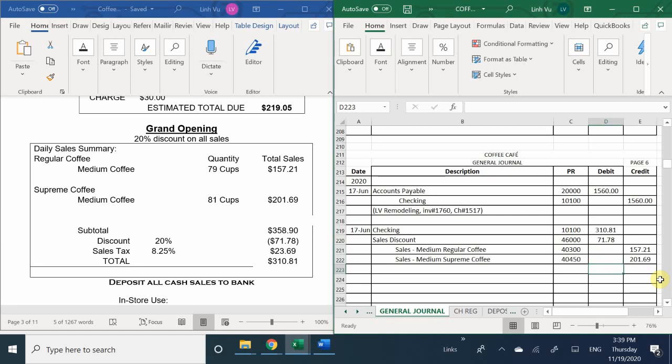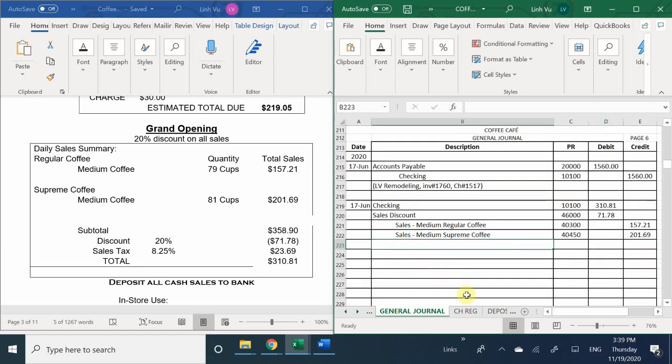And then down below the sales Supreme Coffee, we are going to have the sales tax.